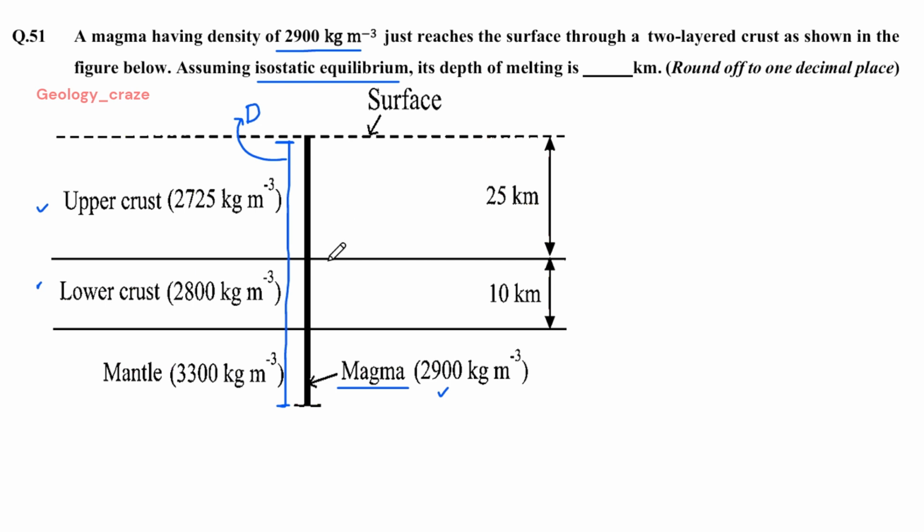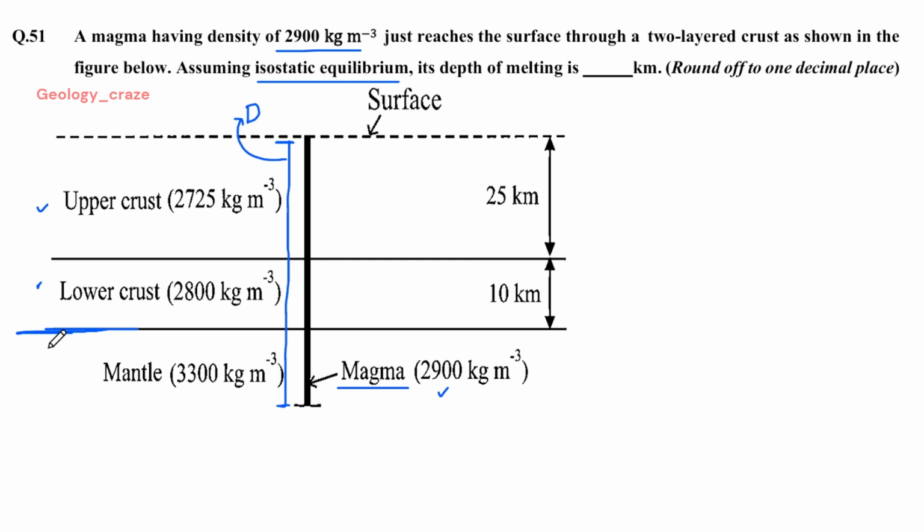In isostatic equilibrium, between what do we have to calculate? In the mountain building process, our isostatic equilibrium is at this boundary, the crust and mantle boundary.